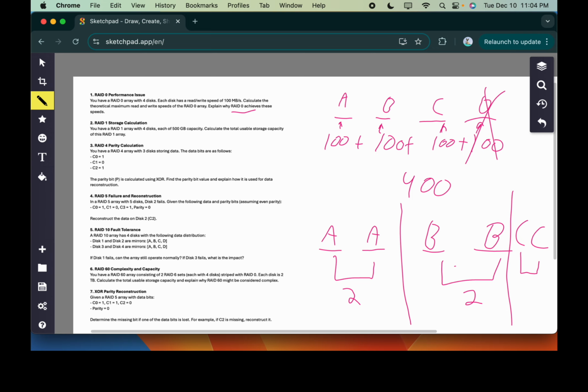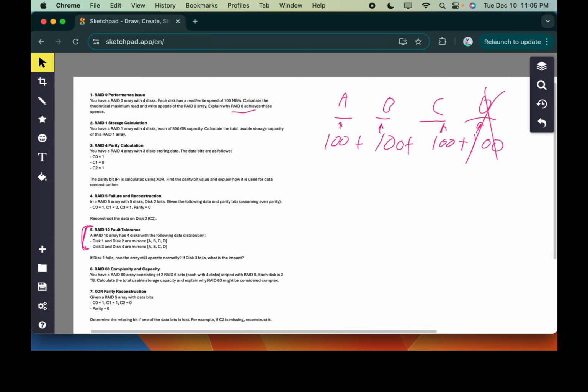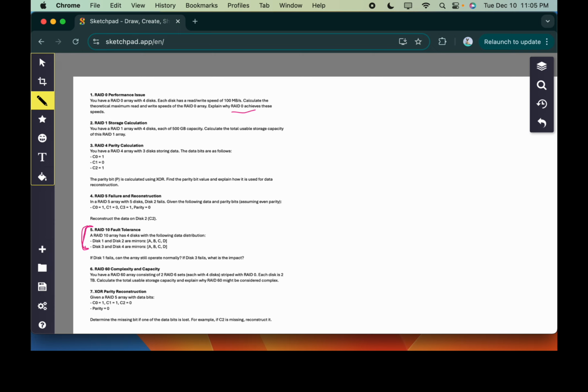That also gets into RAID 1+0, which there's a question here, I think. Yeah, let's just skip to 5 real quick because this deals with 1+0. So what is 1+0 saying? Well, the way to think of it is you do the 1 first.